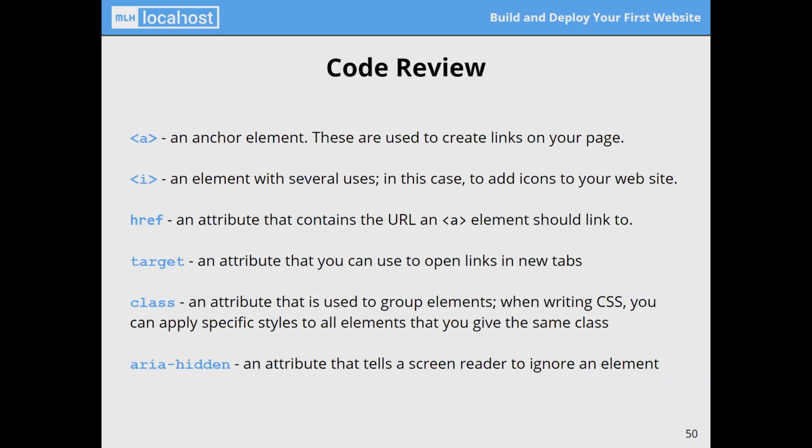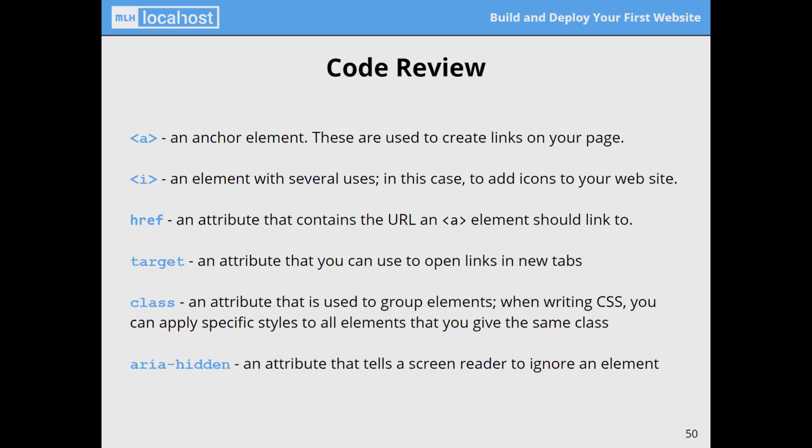Okay, so let's review a little bit of what we just added, as usual. A is an anchor element, and these are used to create links on your page. I is an element with several uses, and in this case, it's to add icons to our website. Href is an attribute that contains the URL an A element should link to.